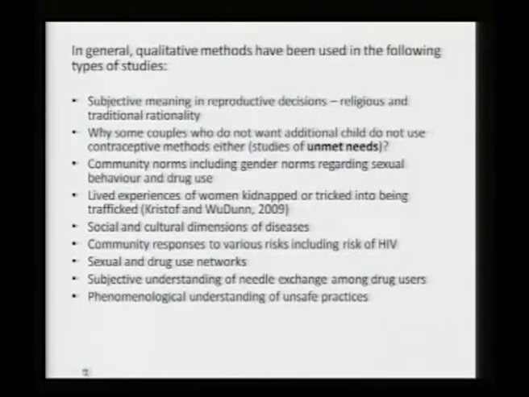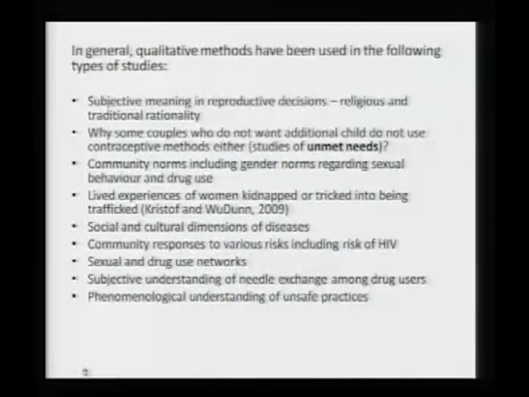Why some couples who do not want an additional child do not use contraceptive methods, in studies of unmet needs. Then community norms, including gender norms regarding sexual behavior and drug use. Qualitative methods have also been used to study lived experiences of women kidnapped or tricked into being trafficked, in studies of sex work, trafficked women, and in social and cultural dimensions of diseases.